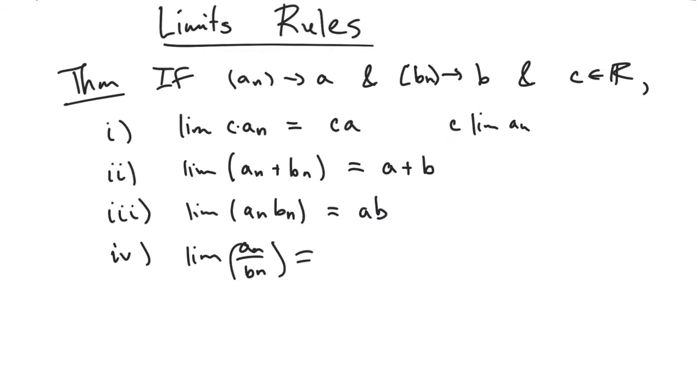No funny business here. A divided by B. Although there is a little caveat. There's a slight restriction here, anyone know what I'm going to say? Yeah, when B is not 0. If B is 0, then actually you can't do this limit. That's not true. When B is 0, sometimes the limit does exist, sometimes it doesn't, and you have to do some more work to figure that out.